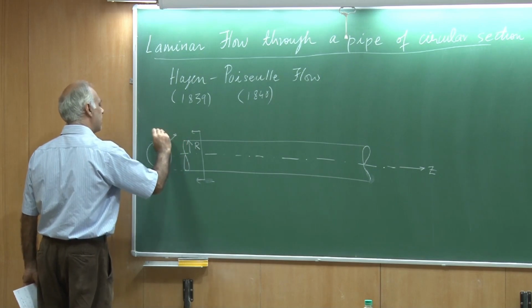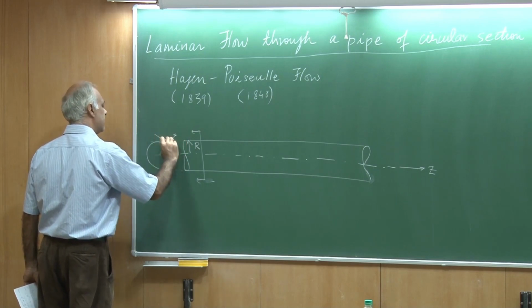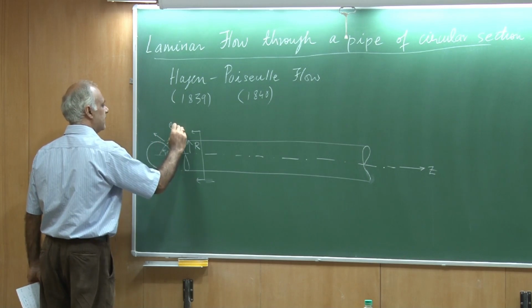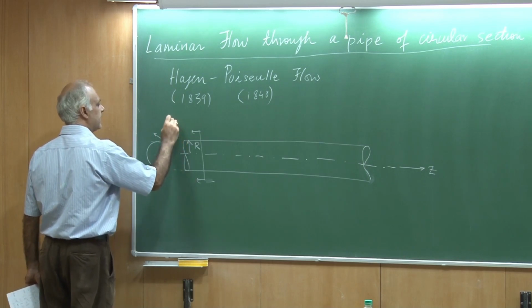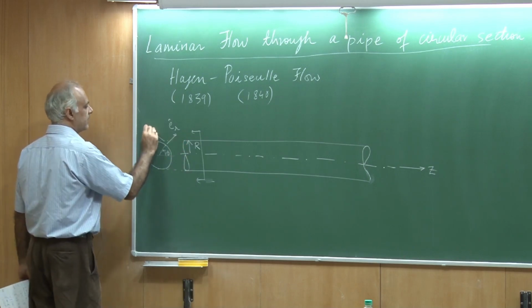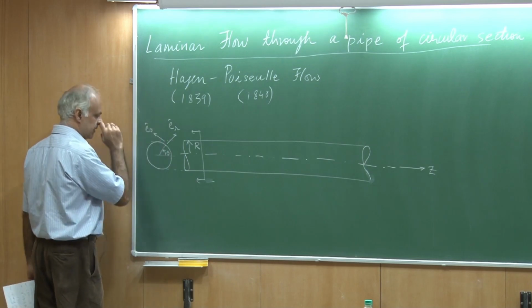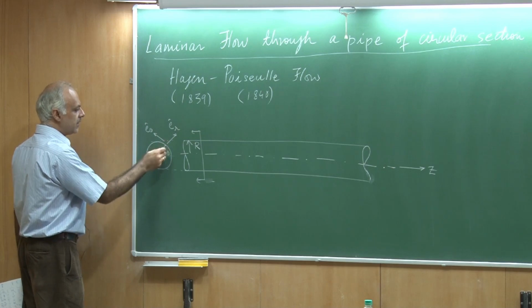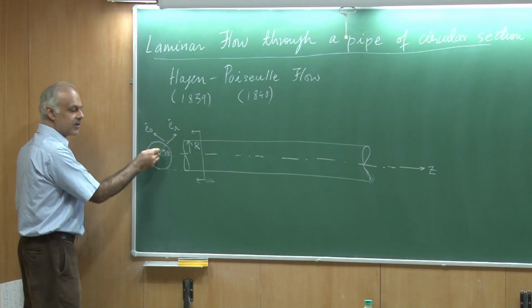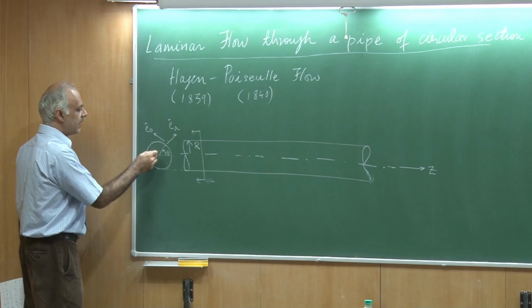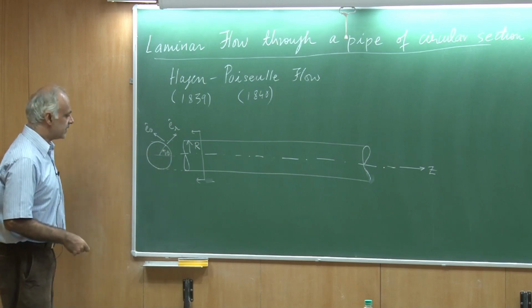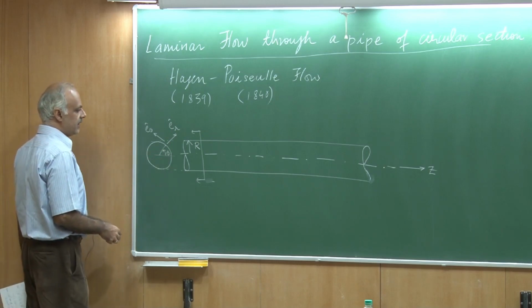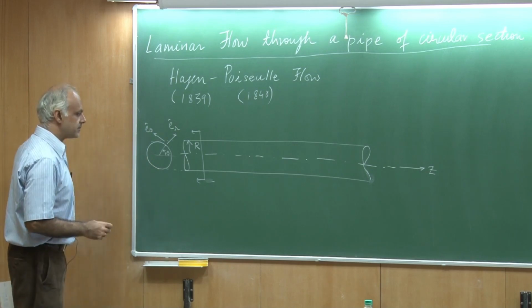So at any point there is a unit vector in the radial direction and a unit vector in the theta direction. I have put a coordinate system just outside, but you would have a similar coordinate system at any point inside this cross section. Okay? And of course r is the radius.